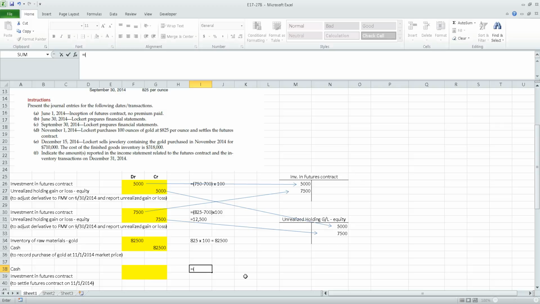The prevailing market rate of gold on that day was $825. So the difference between what we had to pay for the gold on that day versus what the futures contract allowed us to buy the gold at on that date was $125 an ounce. We bought 100 ounces.